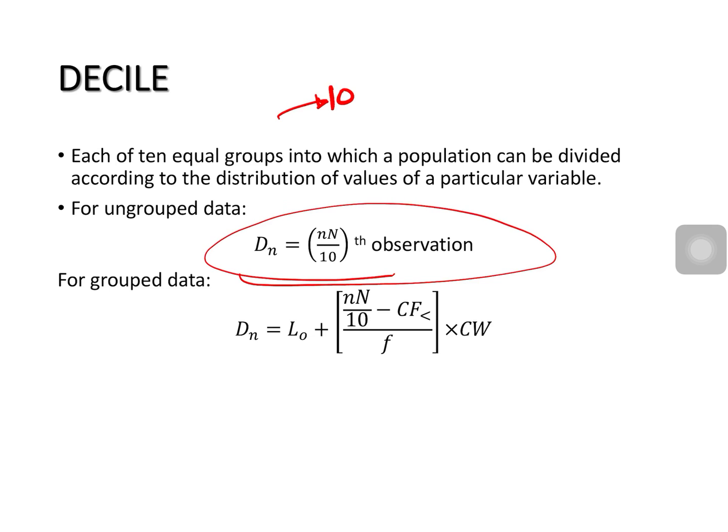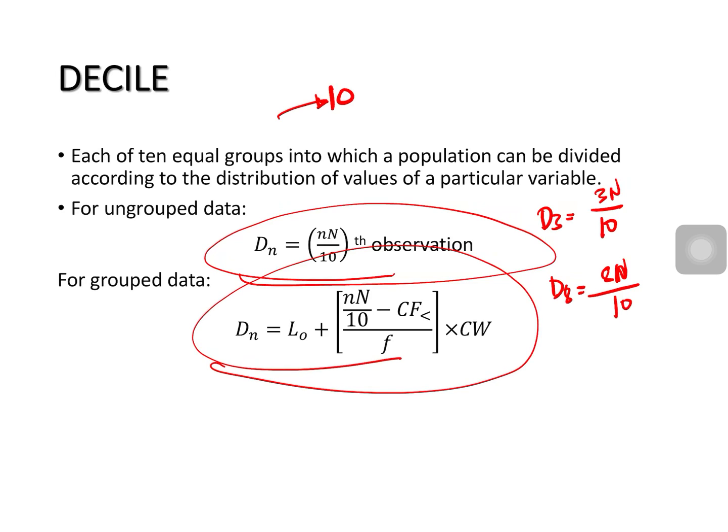Let's say I want to compute for D3, that is 3n over 10. Let us say D8, we have 8n over 10. And again, for grouped data, it's just the same as computing for the median. The only difference is this one.